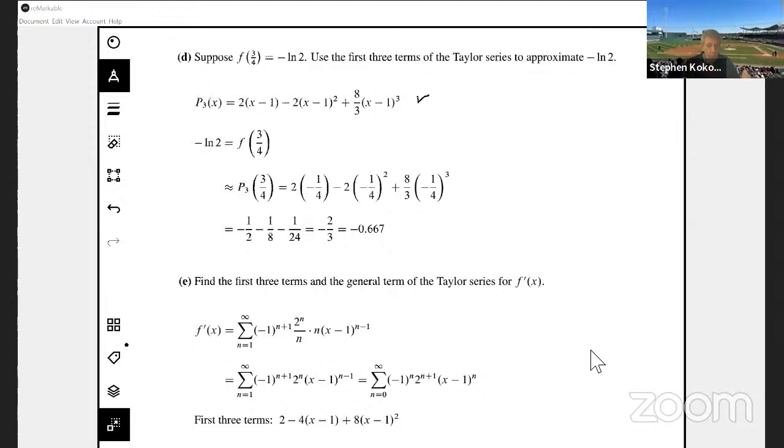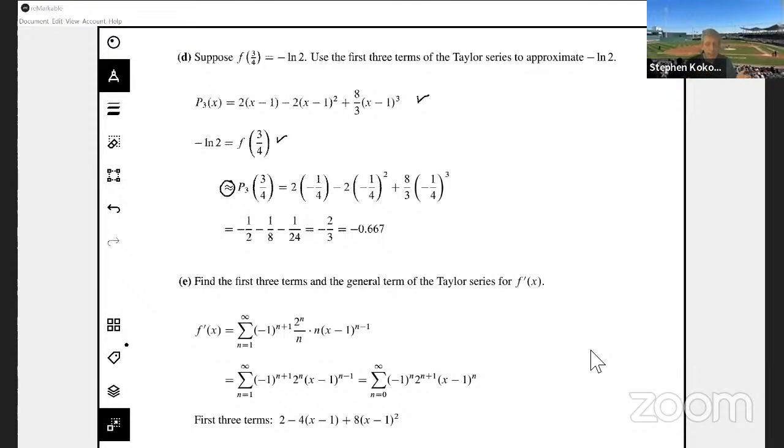There's my Taylor polynomial of degree 3. So minus the log of 2 is equal to f of 3/4, which we were told, and that's going to be approximately equal to the 3rd degree Taylor polynomial evaluated at 3/4.